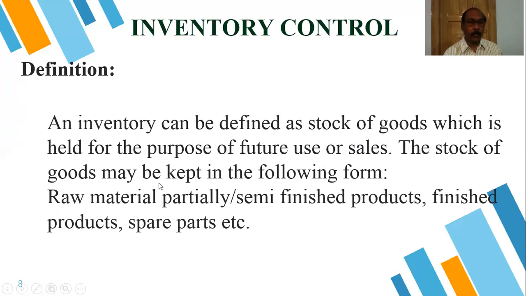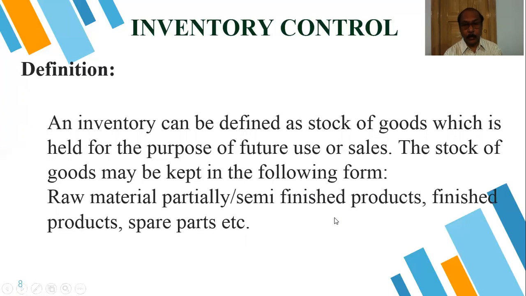The stock of goods may be kept in the following forms: raw material, semi-finished products, finished products, and spare parts, etc. So we keep the material in our stock directly in the form of raw material, or maybe semi-finished. Semi-finished means a product we can directly sell, or we can use it to produce another product.